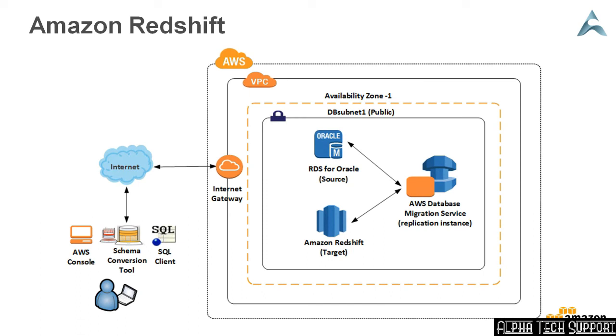For example, if you are migrating your data from RDS for Oracle or for MySQL or for any other thing, you can migrate your data from RDS to Redshift using database migration service of Amazon. It simply migrates your data. Or in the reverse process, you can migrate your data from Redshift to RDS or other form of database.